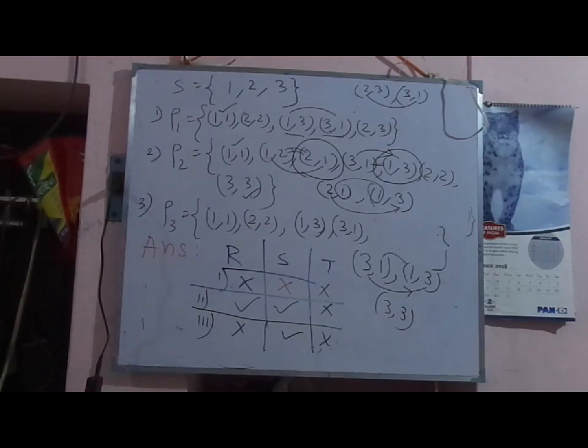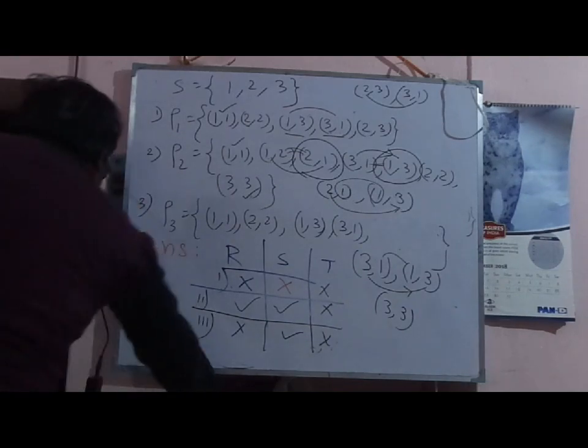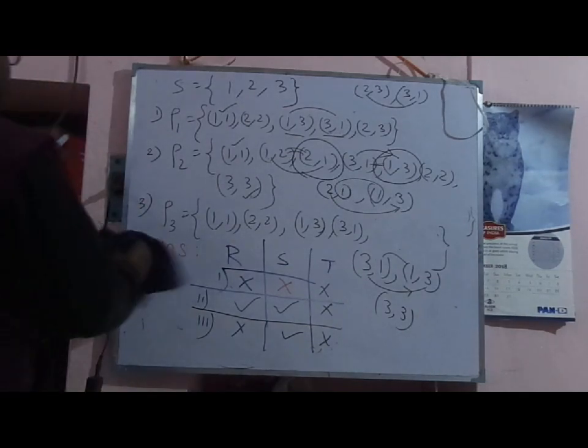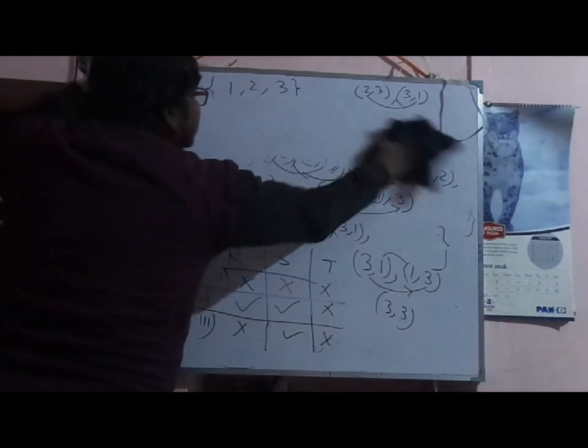Therefore these are examples of different types of relations which are reflexive or not, symmetric or not, and transitive or not. Now I give another example to describe the relation.